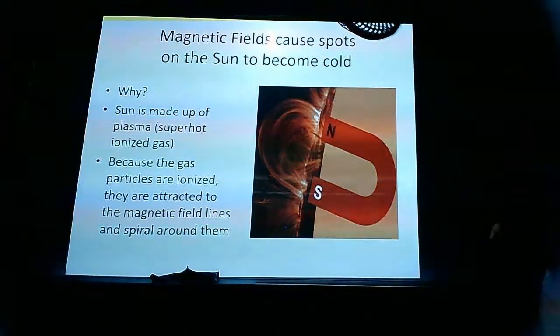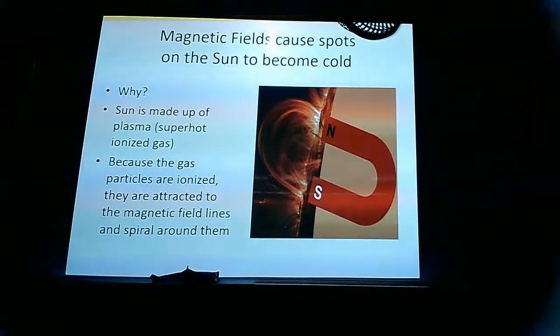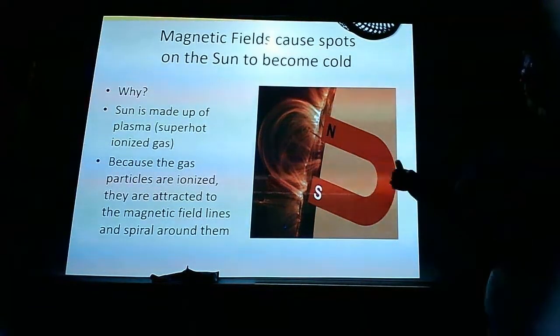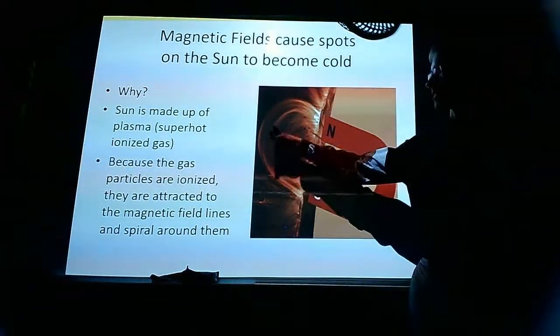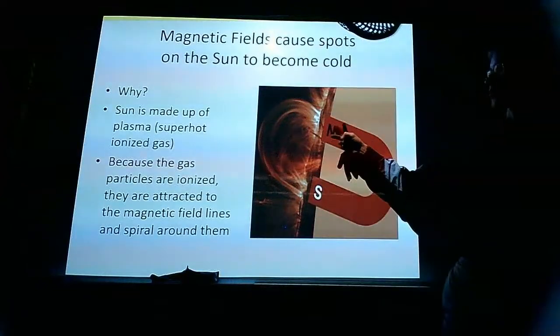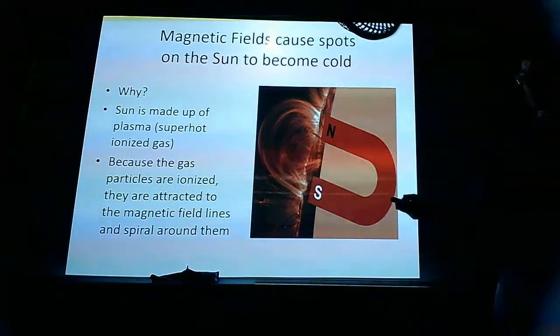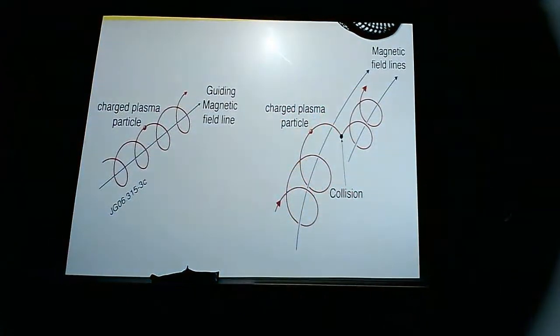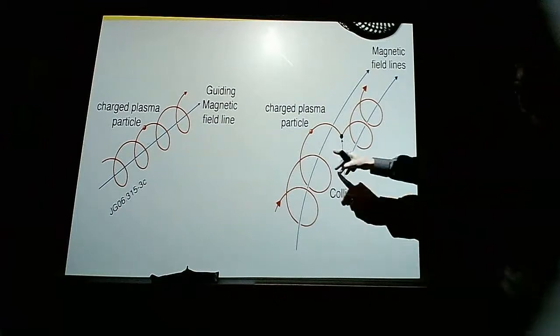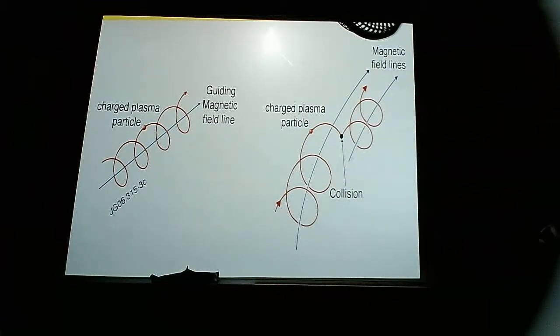And because that plasma is ionized, that means it's affected by the magnetic field of the sun. So the particles are kind of getting trapped in these magnetic field lines, which is why you actually can see those lines so clearly there. And they don't stick in one spot, they actually spin around each of those lines.